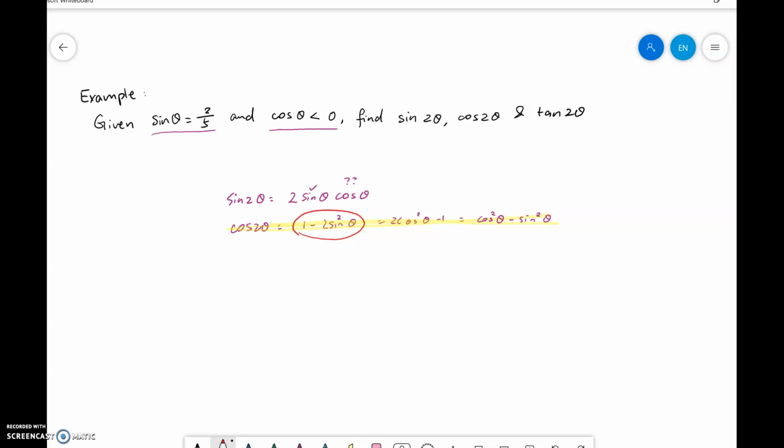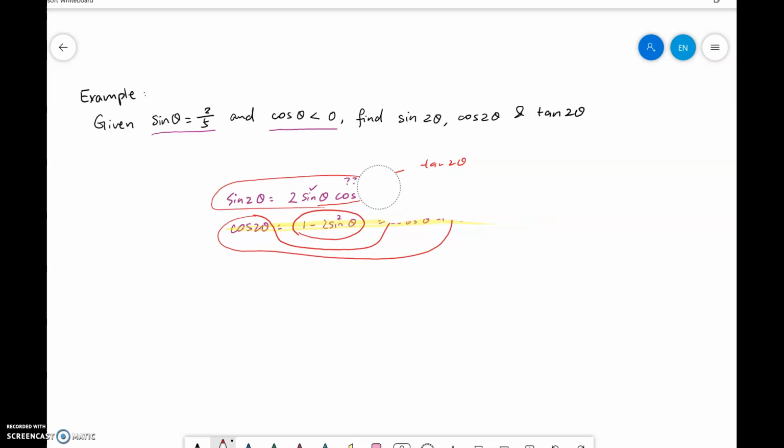And then once we have this one, we probably can use the other formula, 2 times cosine squared theta minus 1, to figure out cosine theta, in order for us to find sine 2 theta or tangent 2 theta. Okay, so this is the brainstorming part. I'm going to try solving it in this direction.